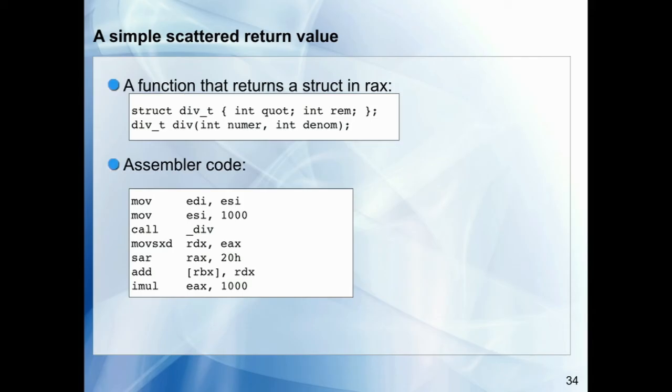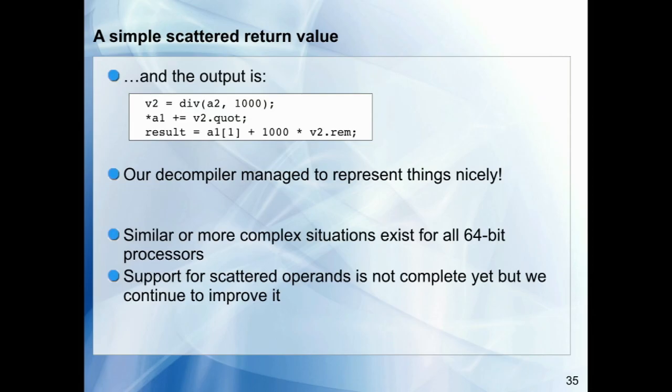To represent this in a nice way in the output, we need to have scattered operands. A scattered operand is an operand that can have its parts scattered over various places. It can be registers or stack.